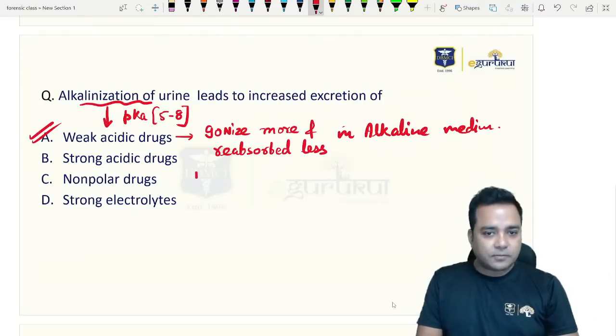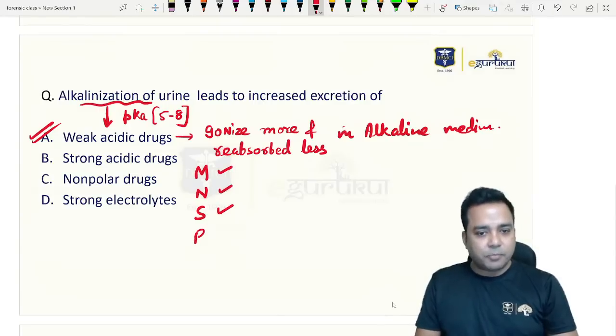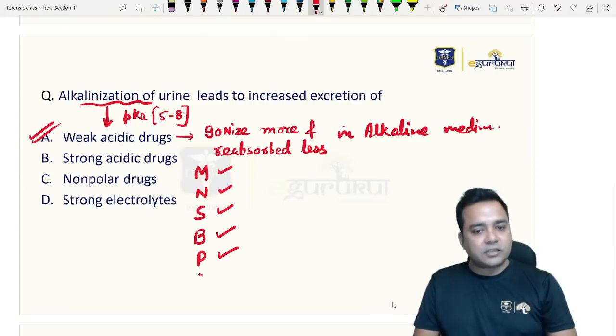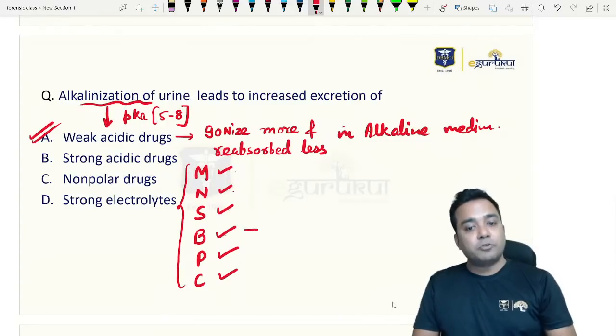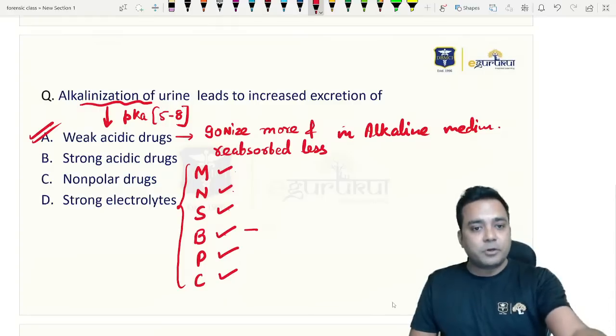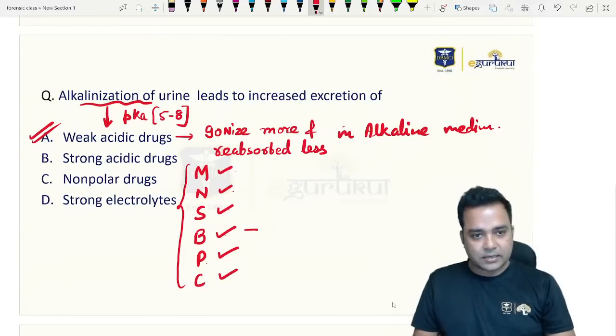So the mnemonic is MNS-BPC: M for methotrexate, N for NSAIDs, S for sulfonamides, B for barbiturates, P for penicillin, and C for chlorpropamide. These are our mildly acidic drugs. Methotrexate, NSAIDs, sulfonamides, barbiturates. Important barbiturate agent, that is phenobarbital, then penicillins and chlorpropamide. Correct me?